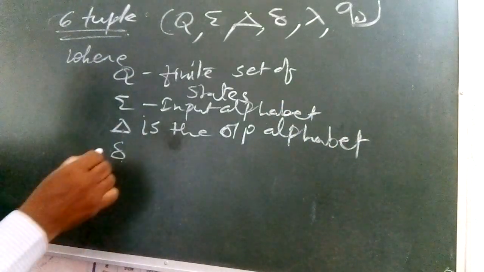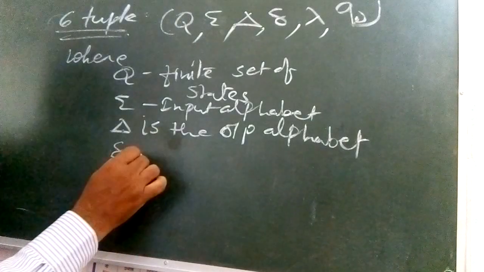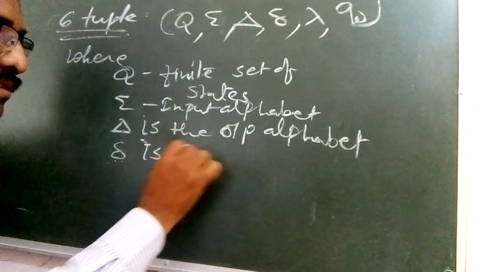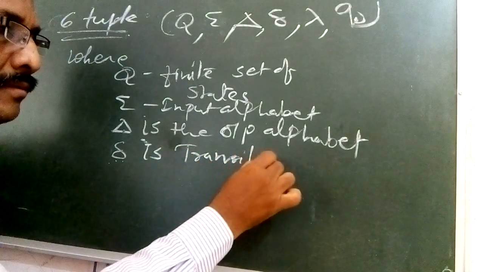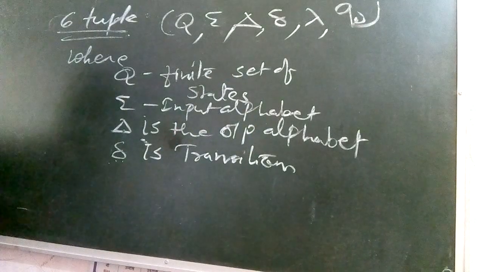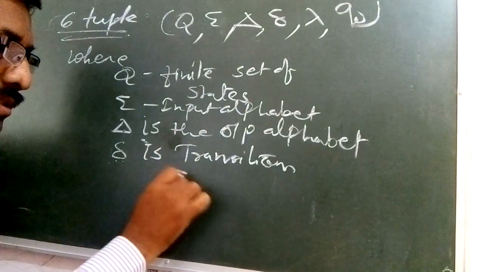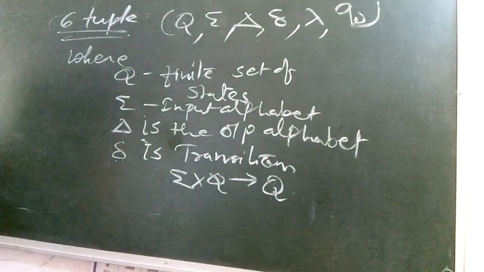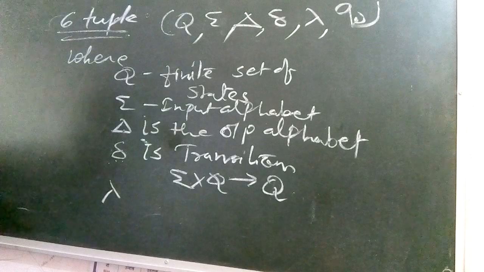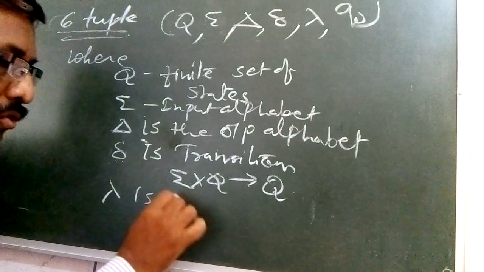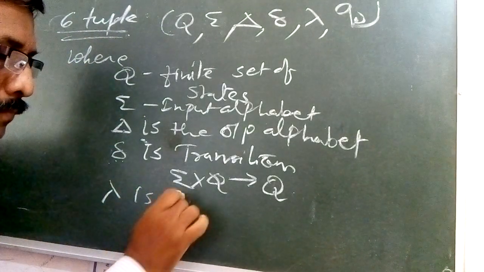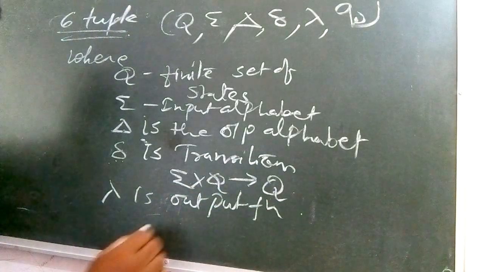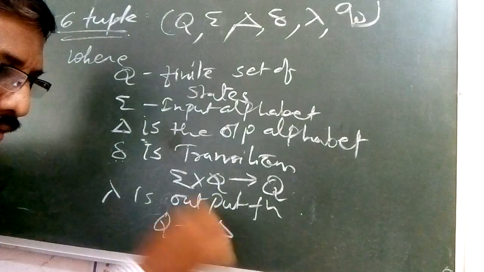Again delta is the transition function, which maps Q cross sigma into Q, and lambda is the output function, which maps Q into delta.